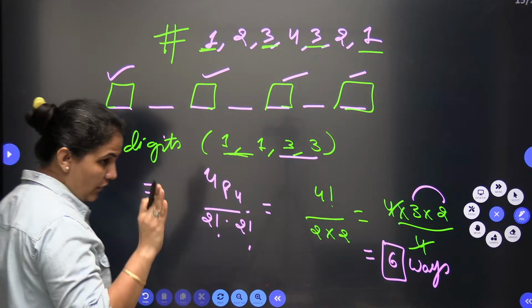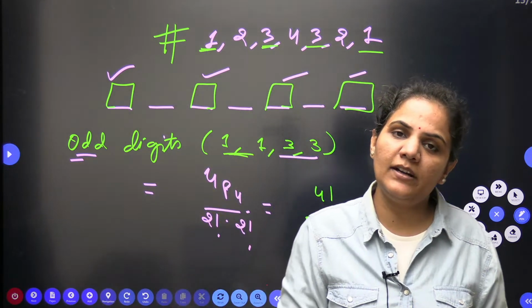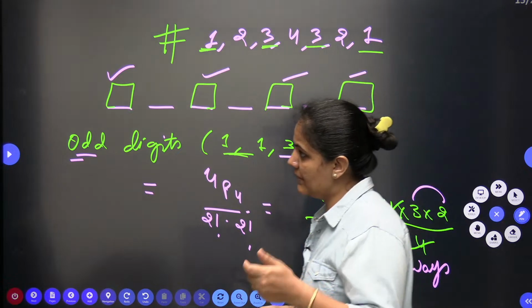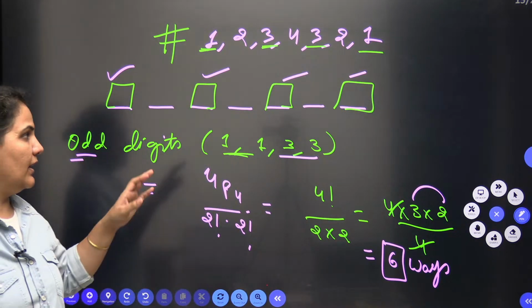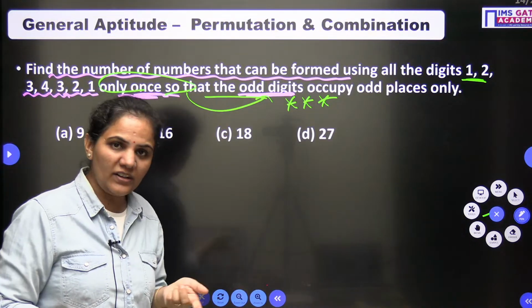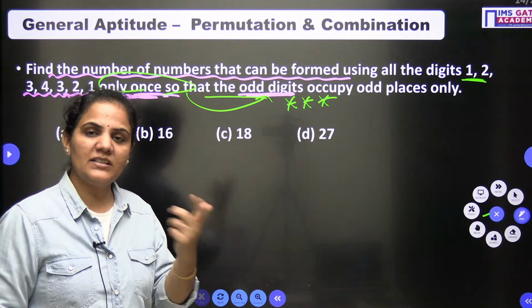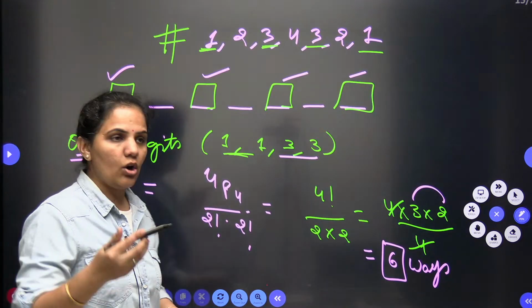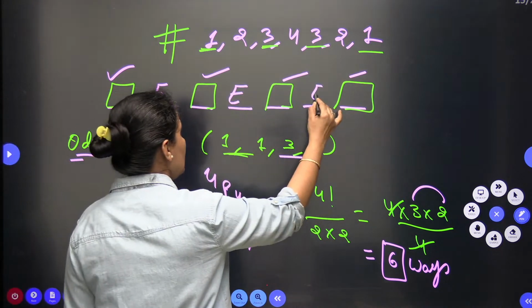Now let's go with the second. This was for the odd digits only. I will not only do the arrangement of odd digits; as it is clearly mentioned, when the odd places are occupied by the odd digits, I need to find out the numbers. How many numbers are possible in this case? Automatically the remaining places will be occupied by the even digits.